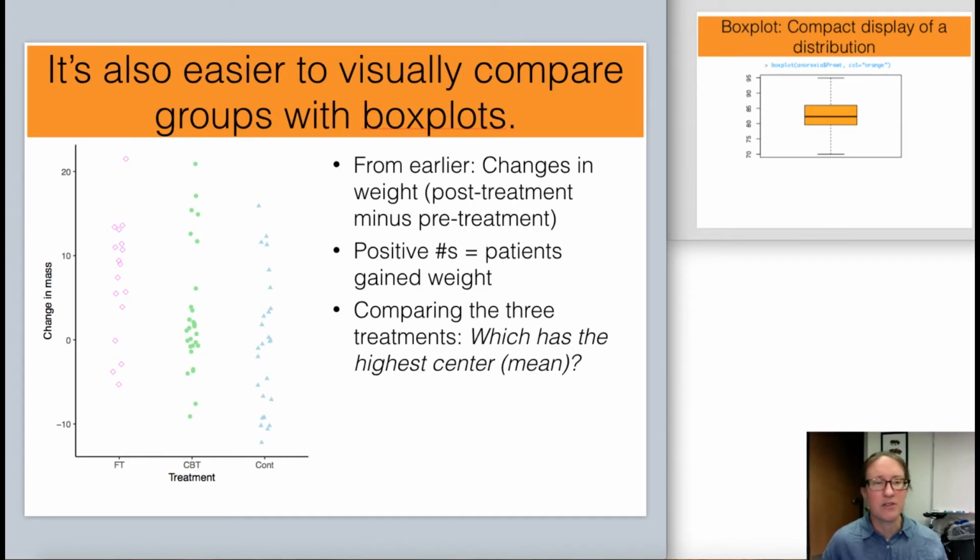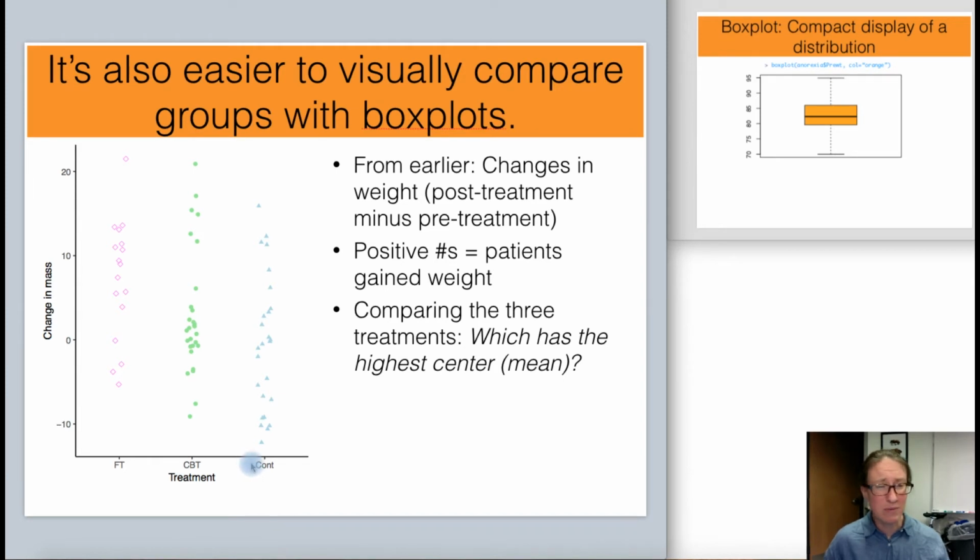And another reason to use box plots is that it's a lot easier to visually compare groups with the box plots. So earlier, Dr. Burke introduced you to this anorexia data set, and she described how participants received one of 3 different treatments. So family therapy, cognitive behavioral therapy, or a control type of therapy.